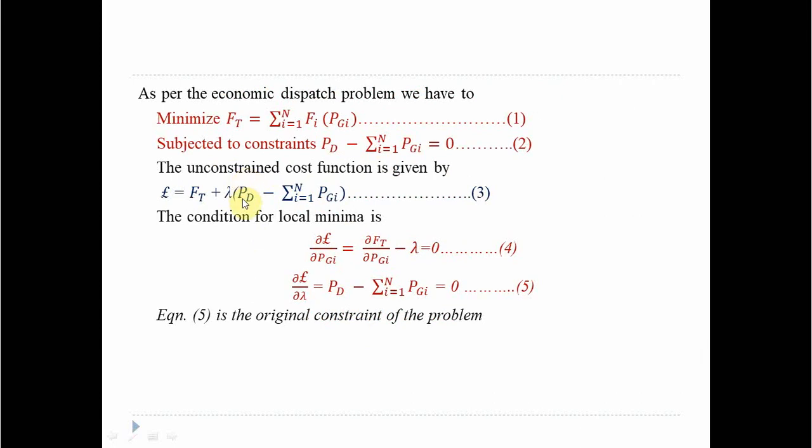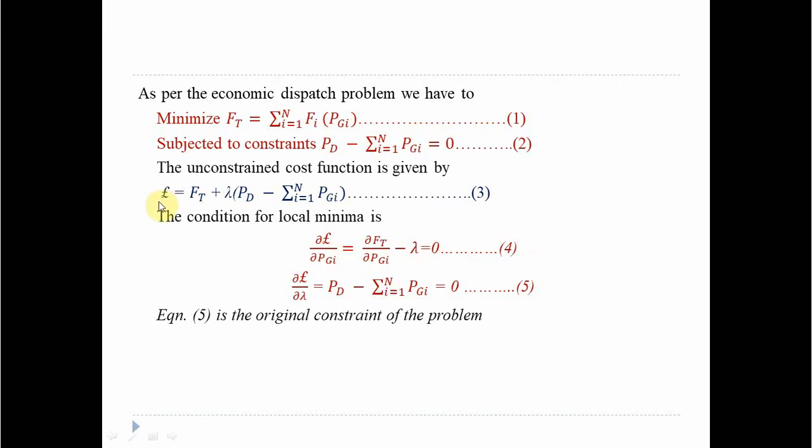Here Pd is constant, so this becomes 0 when you differentiate it. Summation Pgi will have P1 plus P2 plus Pgi plus Pn, so P1, P2 and the others all become 0. So it is lambda into 1, because if you differentiate it with respect to Pgi, that becomes 1. Clear? So you will have dou Ft by dou Pgi minus lambda is equal to 0. So this is one condition.